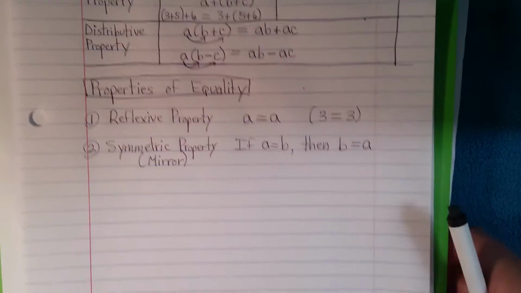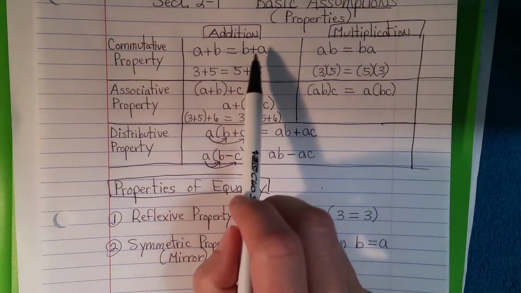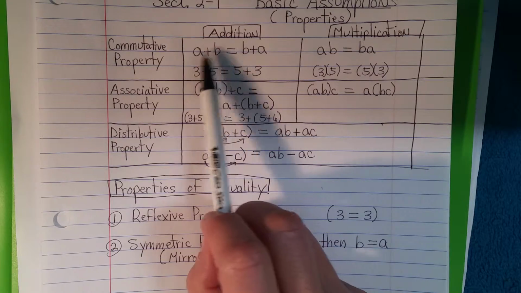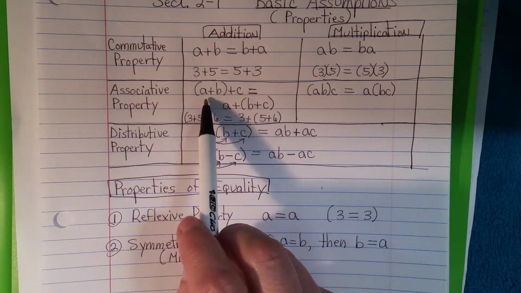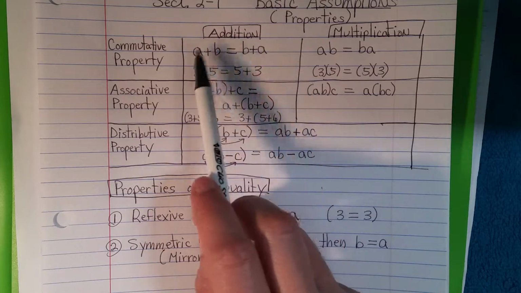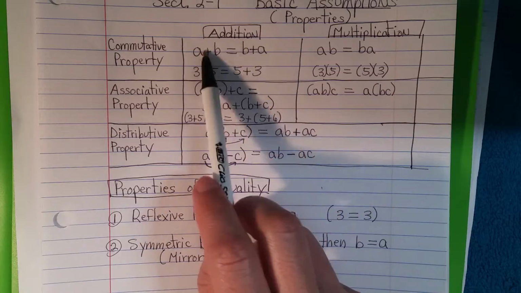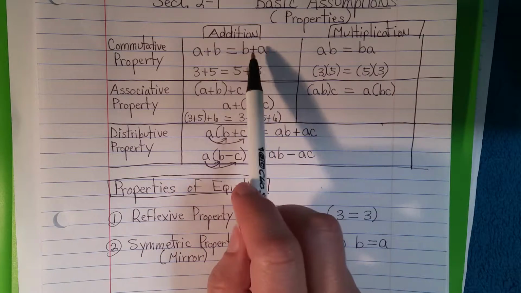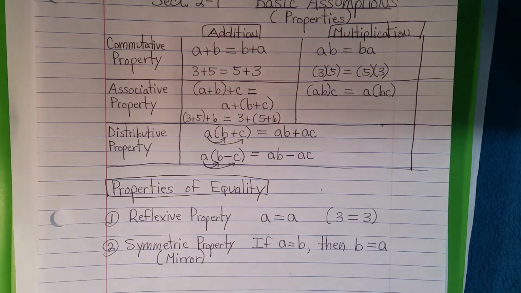So if you look up here at the commutative, I'm switching the order of terms, but I'm not switching the whole side of the equal sign. I'm just switching the order of the terms on one side.